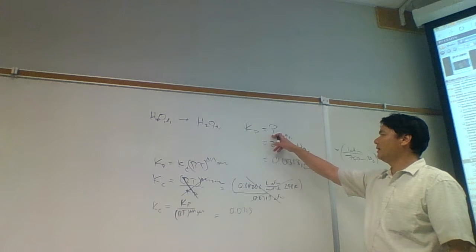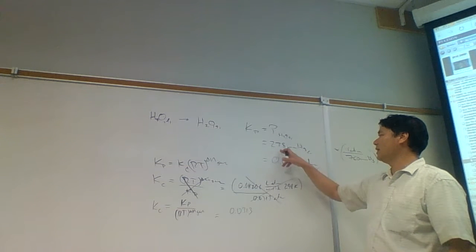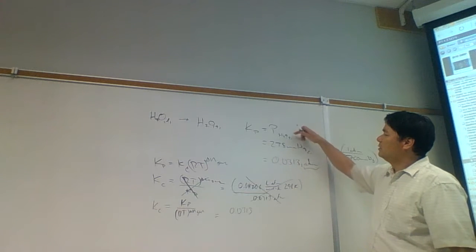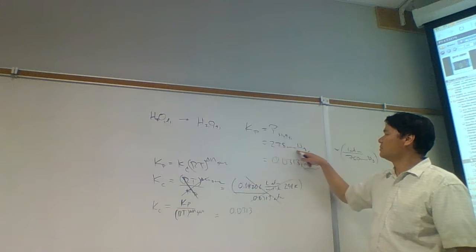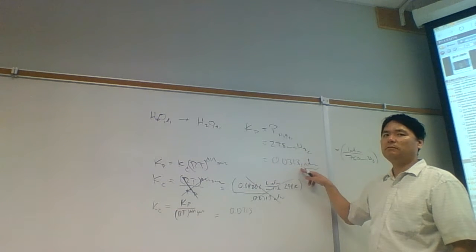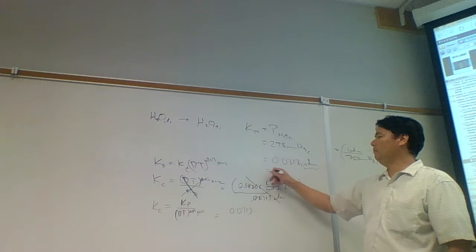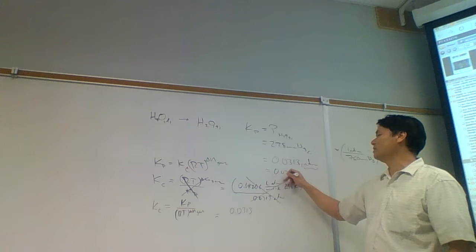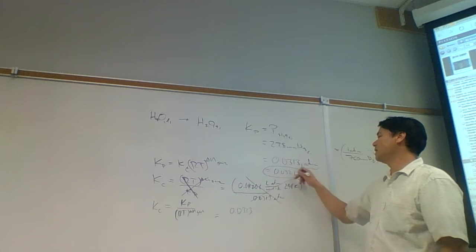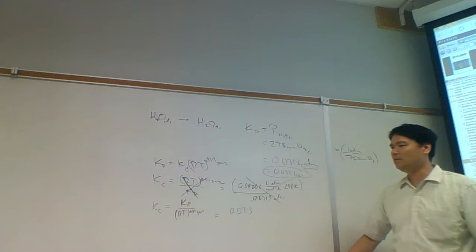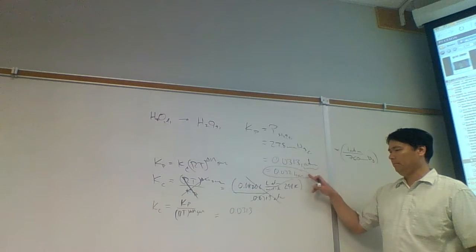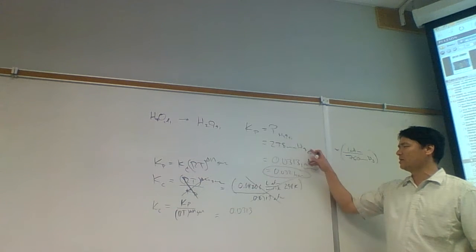Even though we don't write the units like this, we would know that the number would change depending on the unit. So here, this is the Kp value in terms of millimeters of mercury, it'd be 23.8. This would be the Kp value in terms of atmosphere. In terms of bar, the Kp value is 0.032 bar. And so the value changes depending on what unit we're using, so we have to keep track of our thermodynamic data. Is our thermodynamic data under bar, or under atmosphere, or under millimeters of mercury?